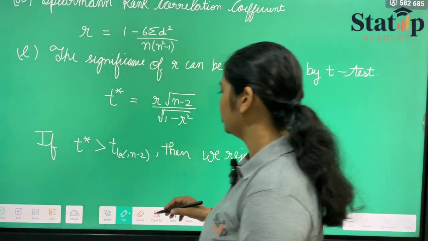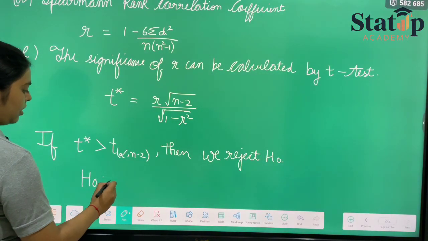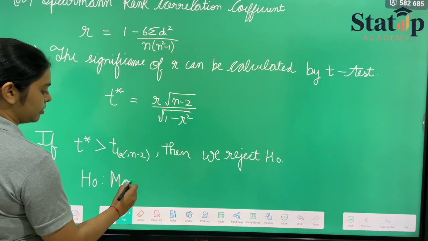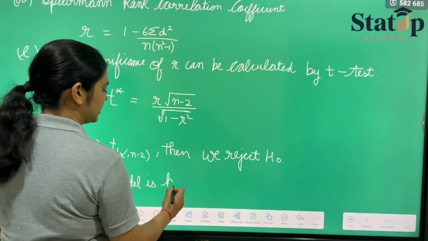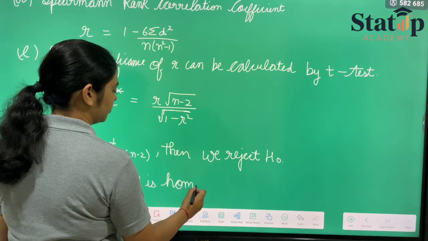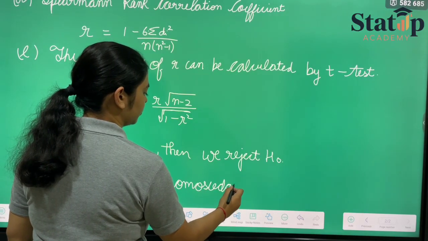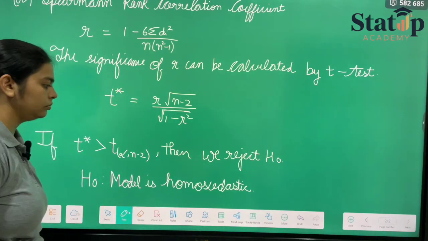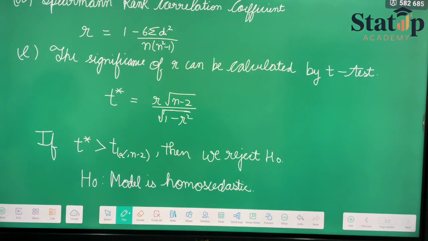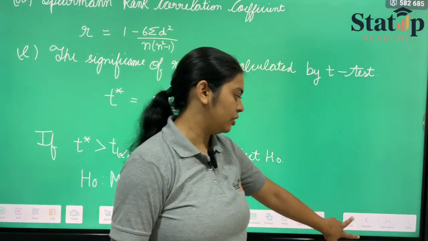So h naught here would be that the model is homoscedastic. So this completes our Spearman correlation coefficient and our detection methods.